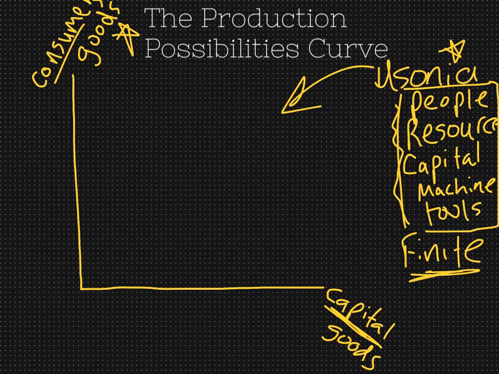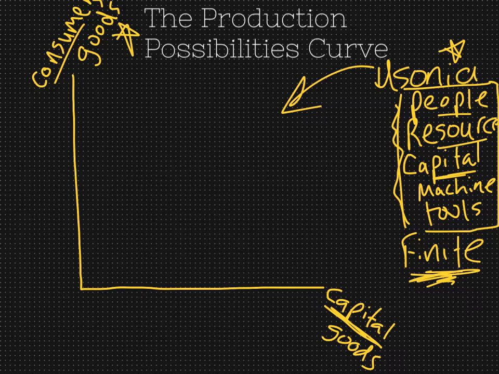We only have a certain amount of people, of resources like land, oil, trees, and lumber, and of capital. Even though we might have a lot of it, it's finite.